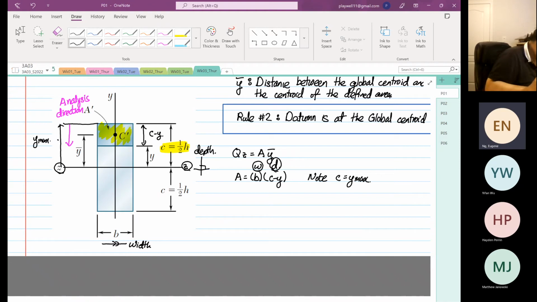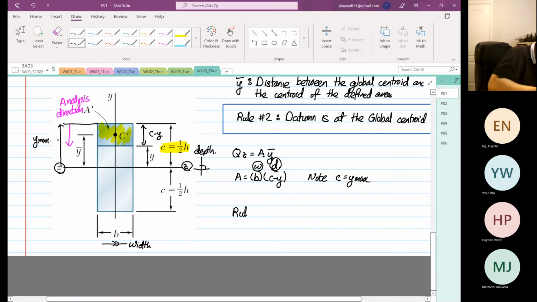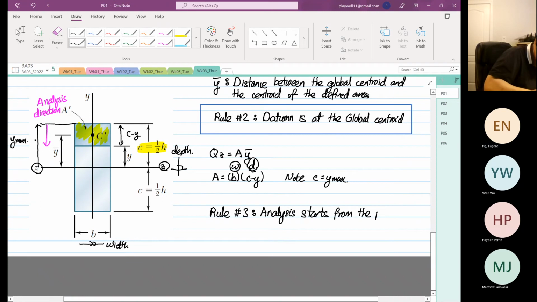So we come up with rule number 3. Okay, so rule number 3 is that the analysis starts from the distance, or the perpendicular distance, furthest away from the centroid.